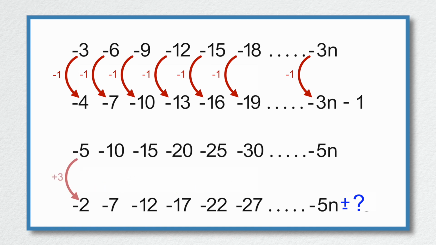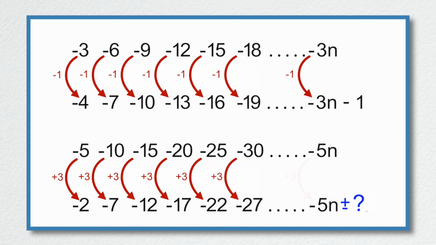Looking at the first term, to get from -5 to -2, we're going to add 3. Looking at the second term, to get from -10 to -7, we're going to add 3. To get from -15 to -12, we're going to add 3. So for our nth term, it's going to be -5n add 3.